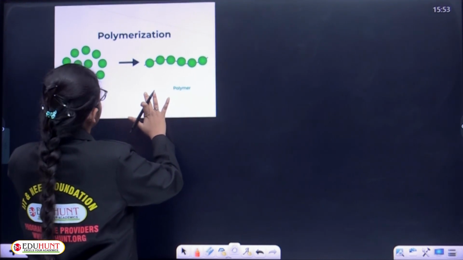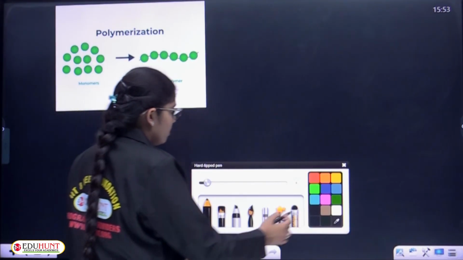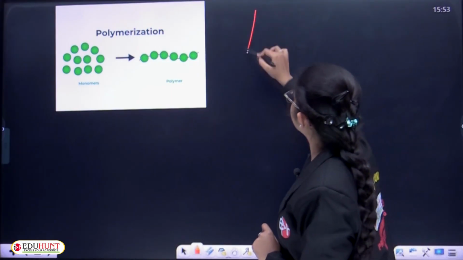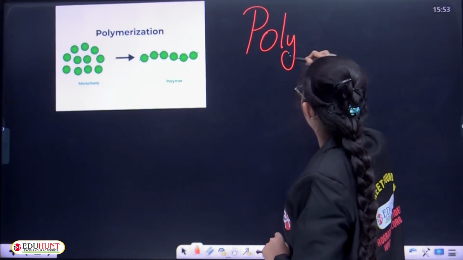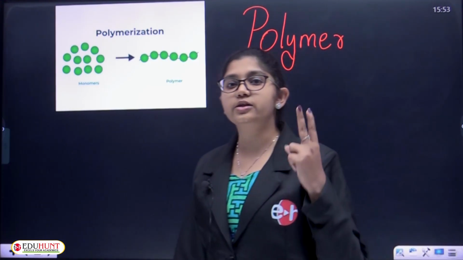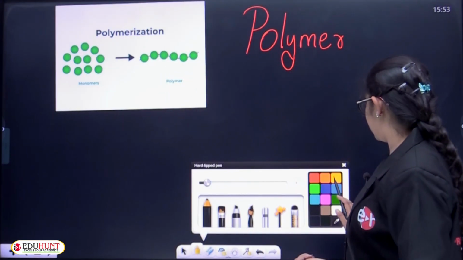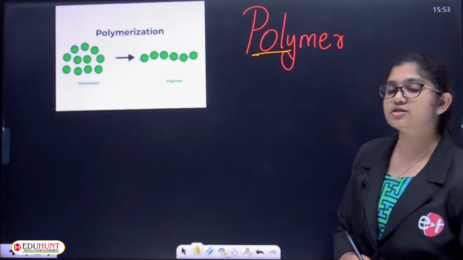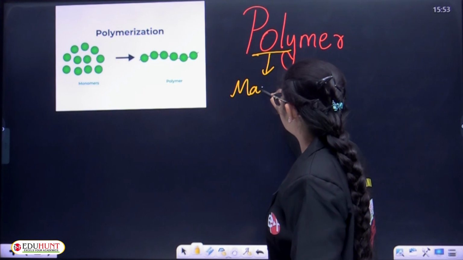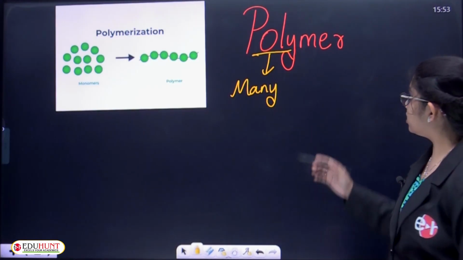Polymer, P-O-L-Y-M-E-R, contains two Greek words. The first one is poly. Poly means many, more than two, we can say. Then what about mer?